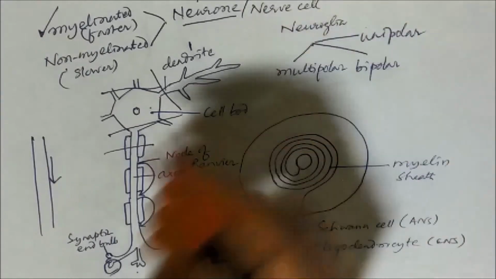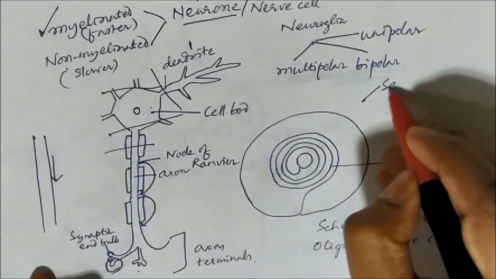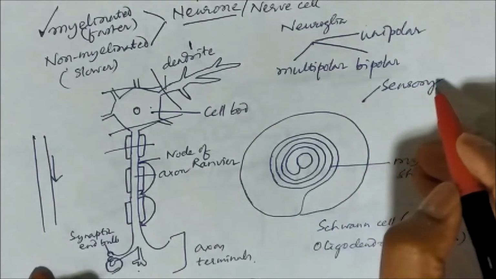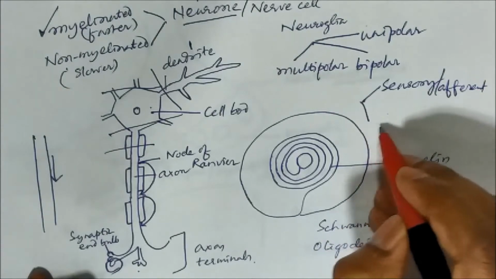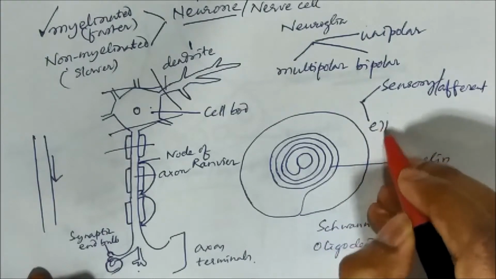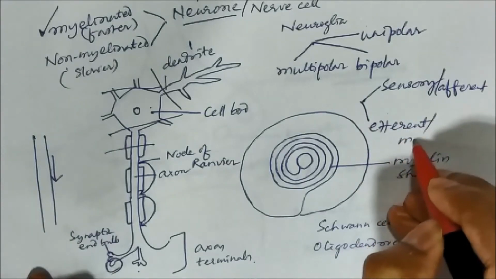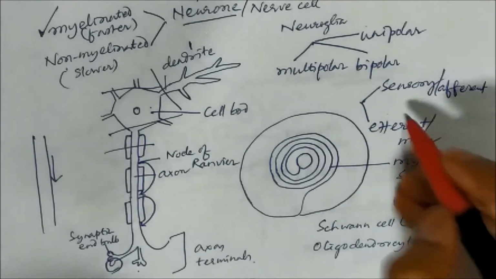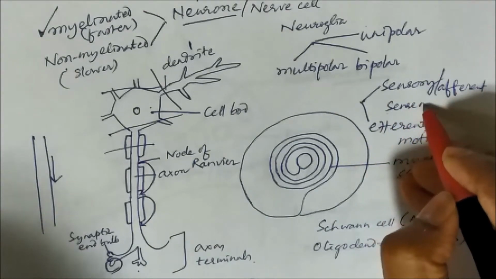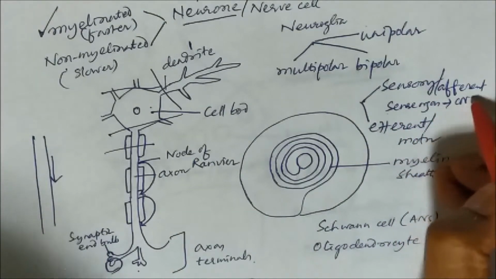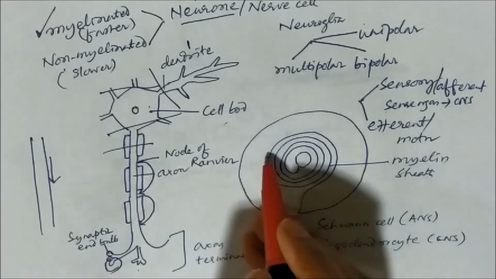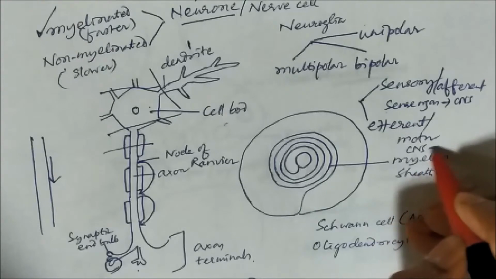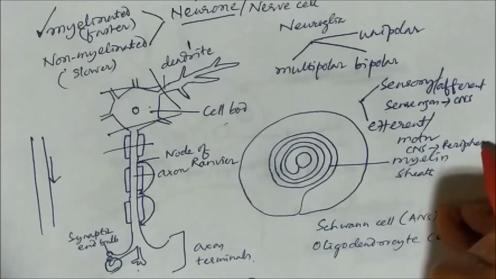Again, neurons can also be sensory or afferent, and efferent or motor. That means neurons going from a sense organ to the CNS are sensory or afferent, and those going from the CNS to the periphery are called motor or efferent.